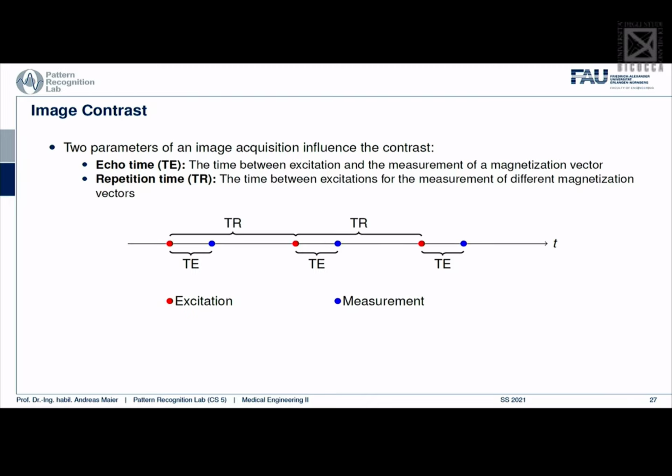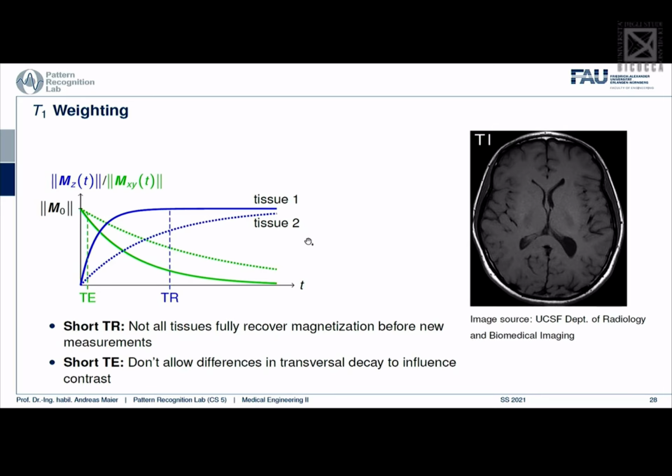What we do is called a sequence, because we repeat this operation hundreds of times to acquire the signal. We have an excitation, and after an echo time we do the reading, and after a repetition time we do another excitation. This leads us to how we achieve what's called weighting.